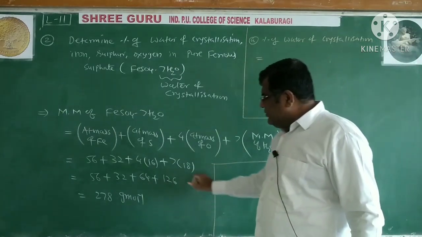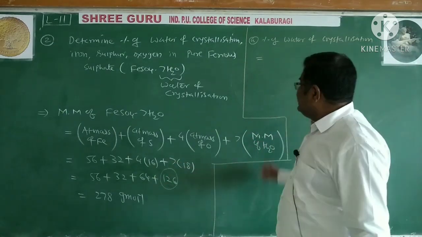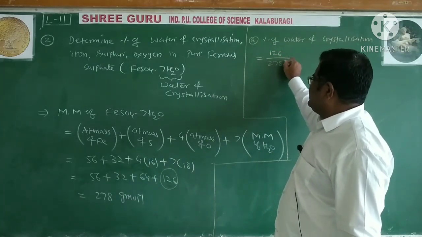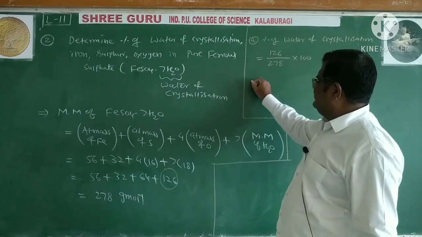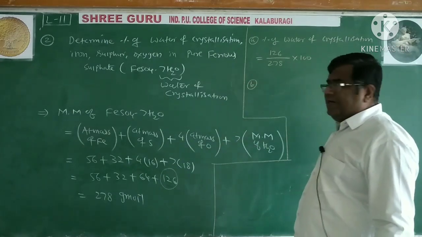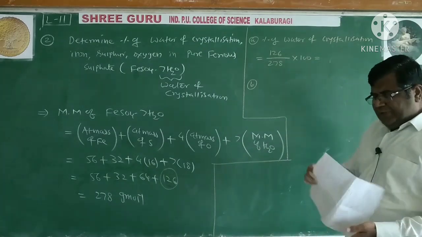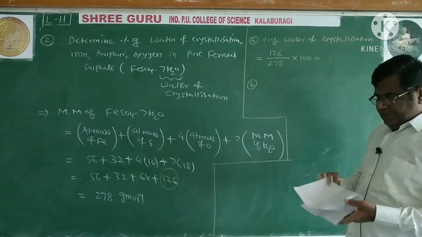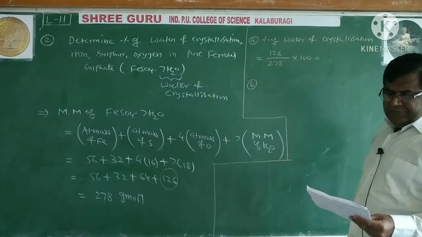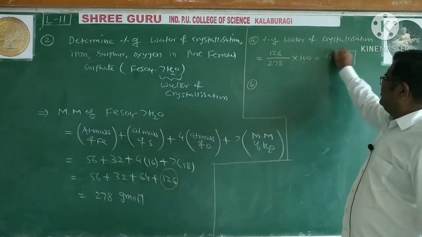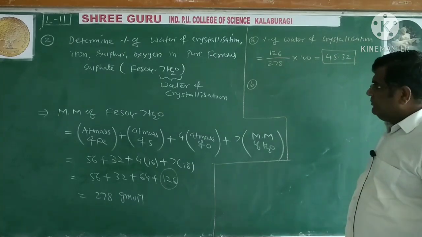What is the contribution of water of crystallization? 126 divided by 278, the molar mass, into 100. That happens to be, yes, you also do your calculation, 45.32.